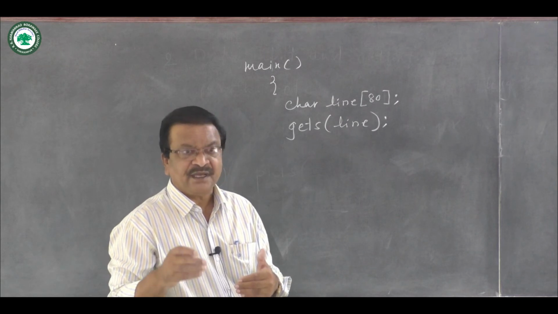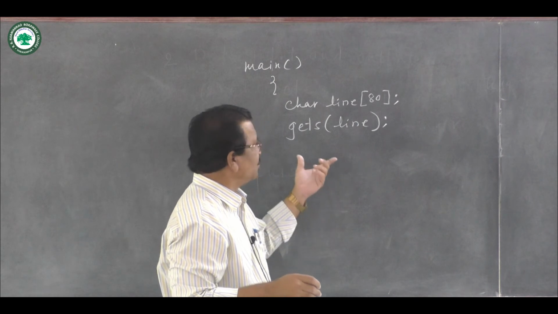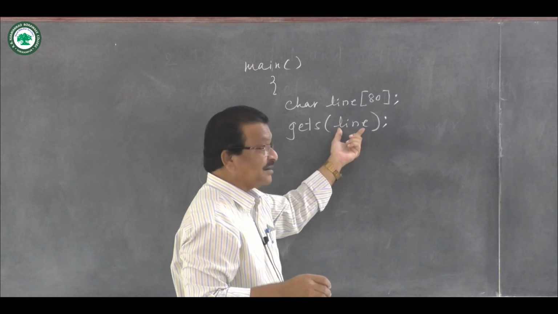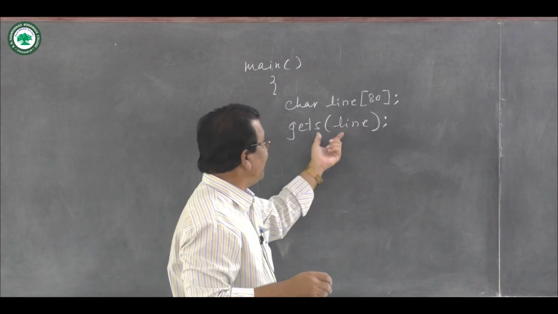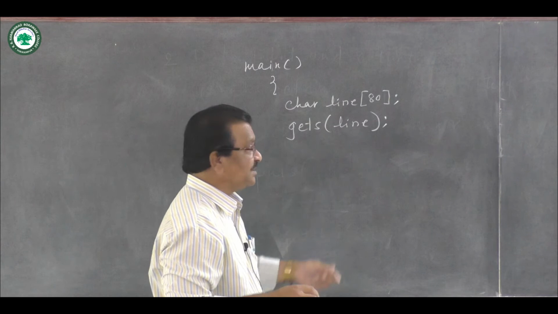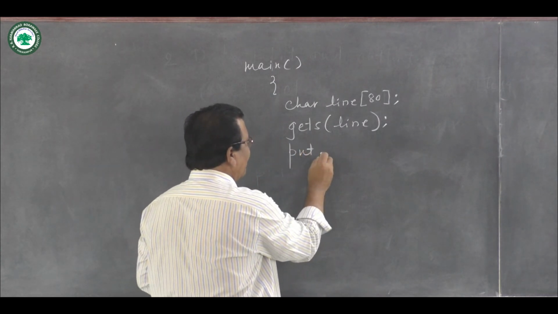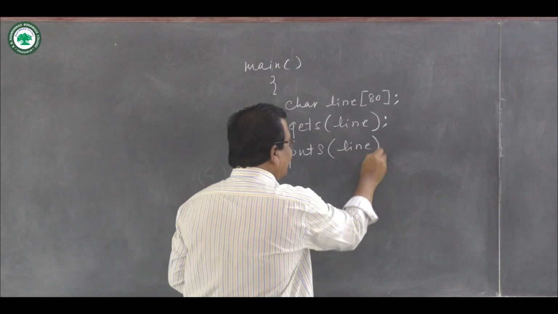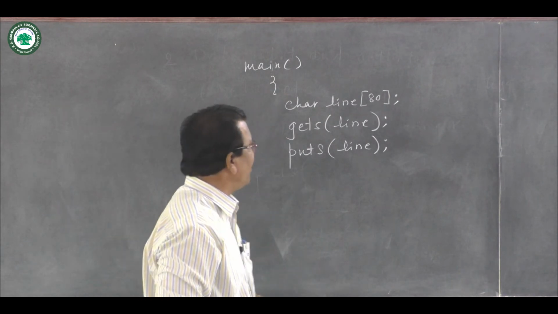The moment the user presses the enter key, the string gets terminated. So you can enter a line, containing blank spaces or not, by the gets function into the computer's memory, and by the puts function you can display or output this line onto a screen or monitor.